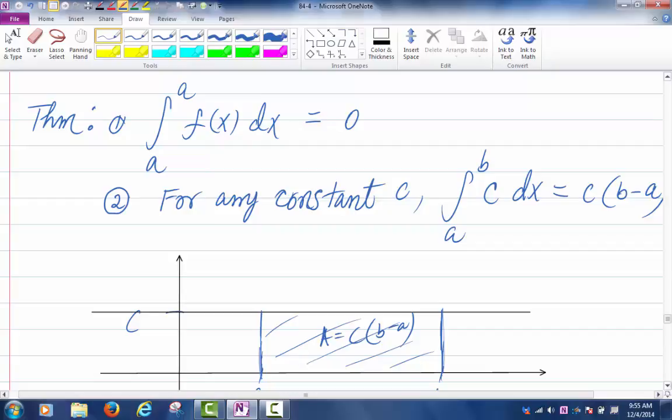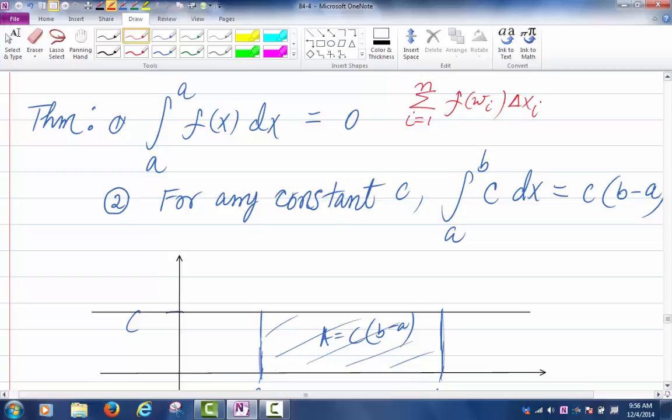Very good. If you look at the Riemann sum for this function, the Riemann sum would be like this: the sum from i going from 1 up to n of f of w_i times delta x_i. But what is delta x_i? Remember, delta x_i is the length of each subinterval.